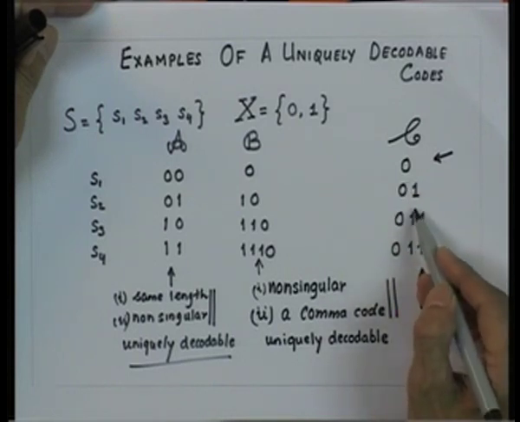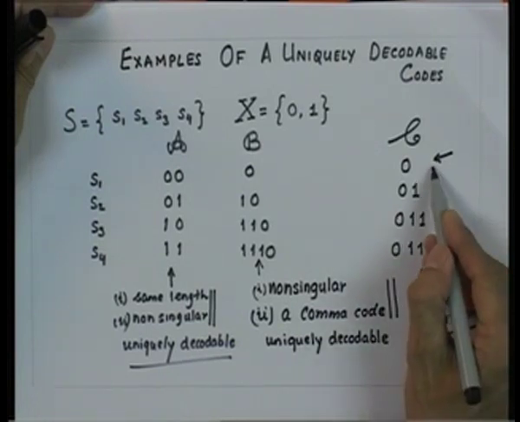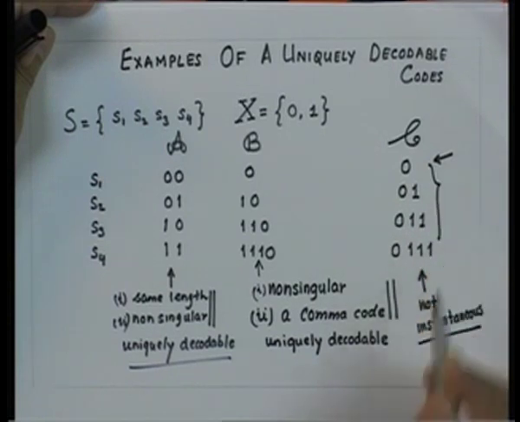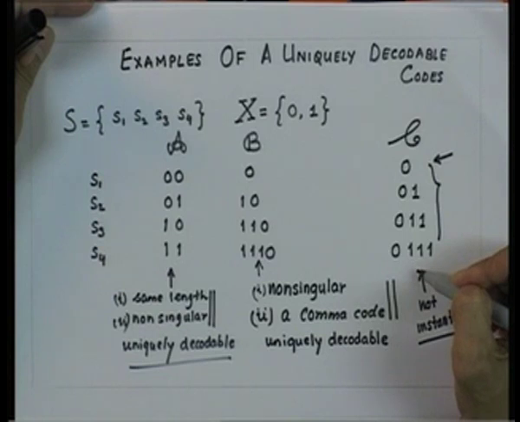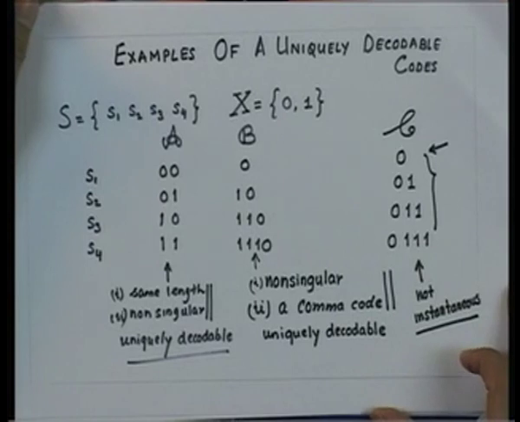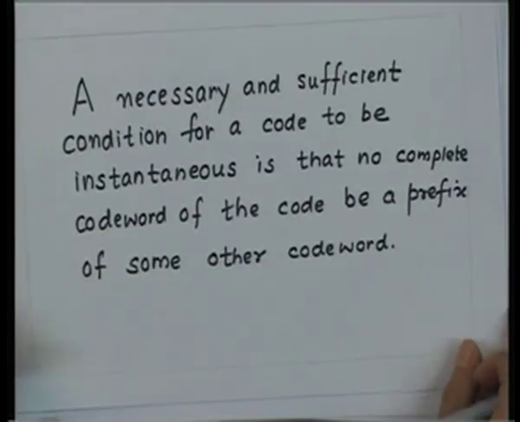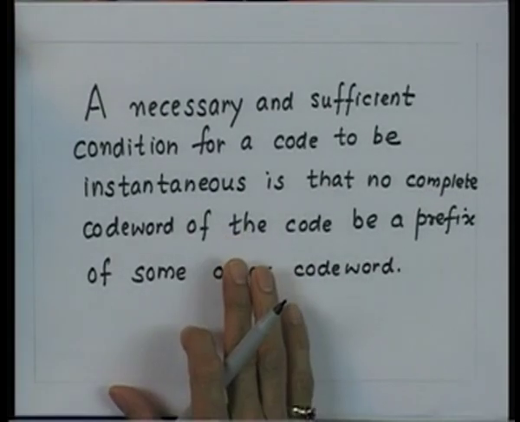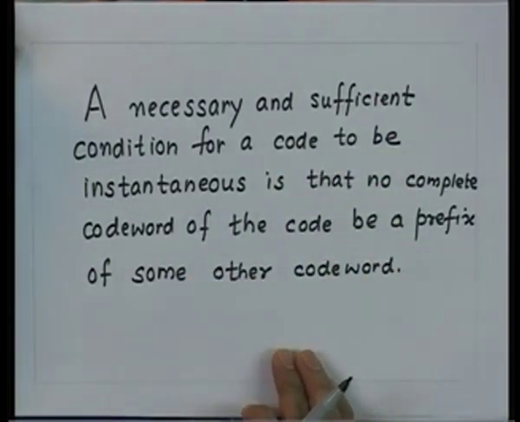So, by definition, this is not an instantaneous code, because it does not satisfy the test of prefix. Now, we will try to see whether this test is really a necessary and sufficient condition for a code to be instantaneous in the next class.